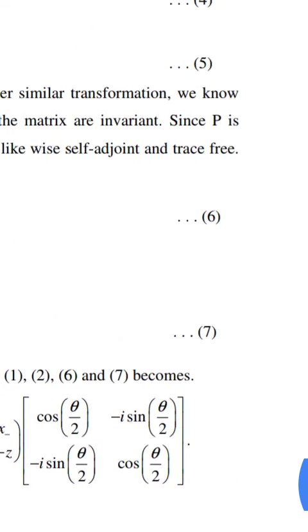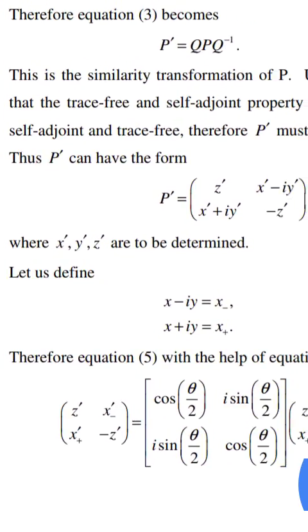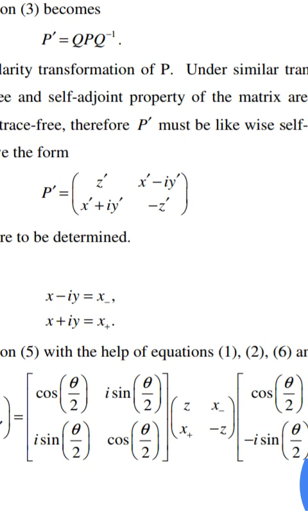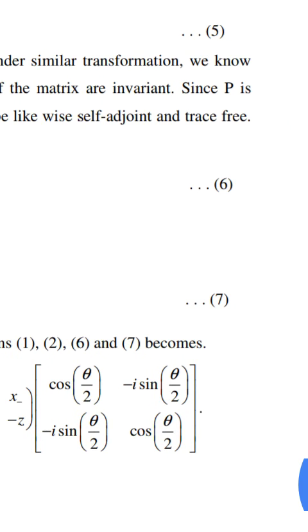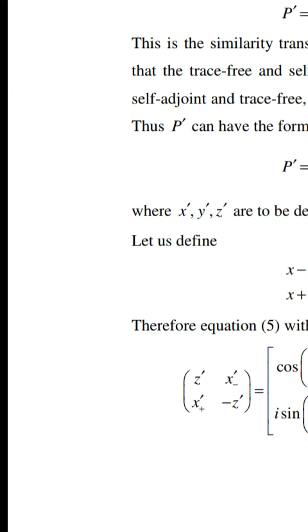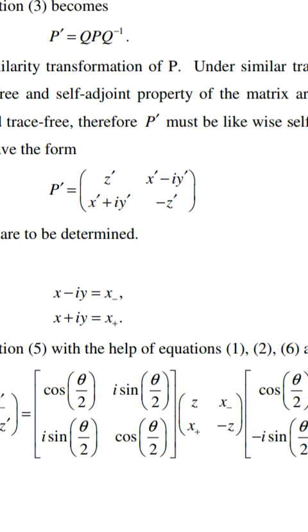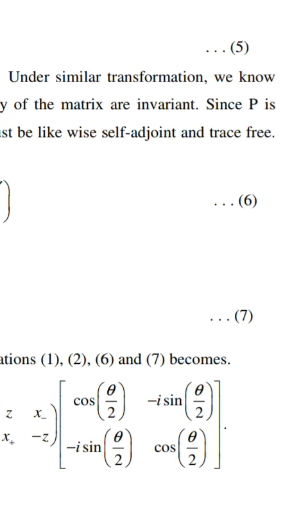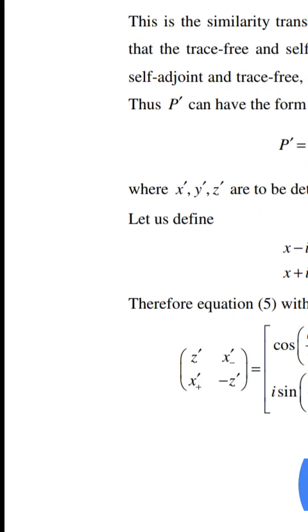Under a similarity transformation, we know that the trace-free and self-adjoint properties of the matrix are invariant. Since P is self-adjoint and trace-free, therefore P dash must be likewise self-adjoint and trace-free.